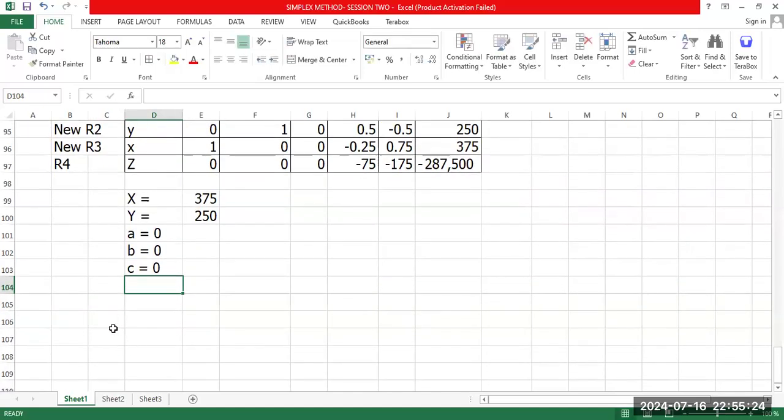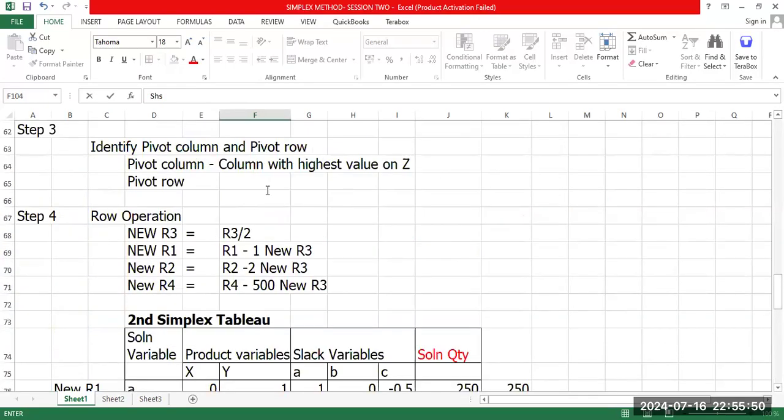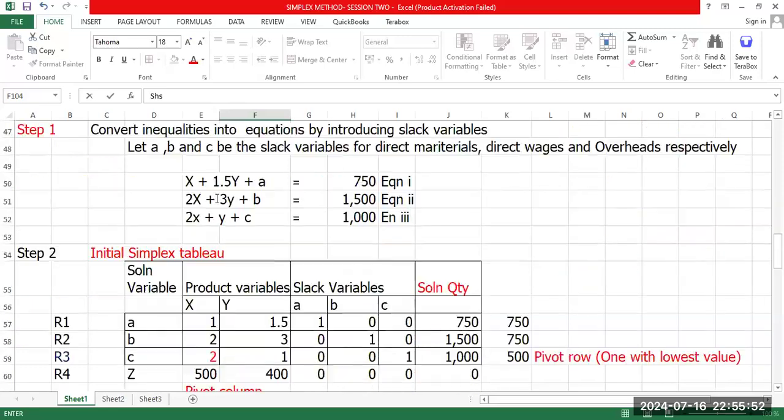If they ask you, the question is it asking us to maximize profit? If they ask you the maximum profit, it will be what you have here, but you write it as a positive. Don't write it as a negative. The reason why it is negative is because we started with positives from the initial simplex.